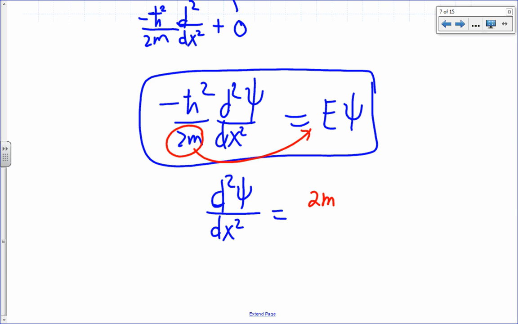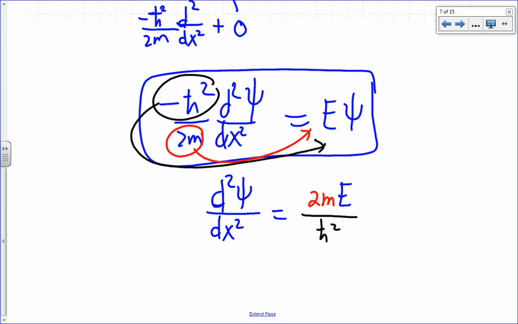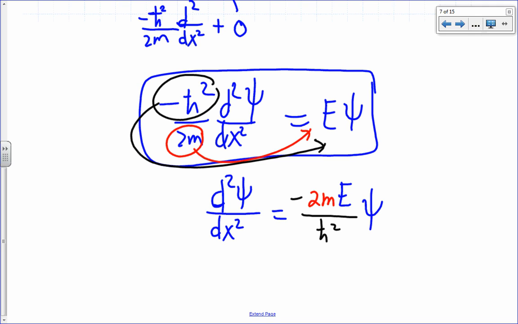And my h bar squared, I'm going to move over there, so that's going to be over h bar squared, and it's going to be negative, right? Times psi. And this is just a constant, right?